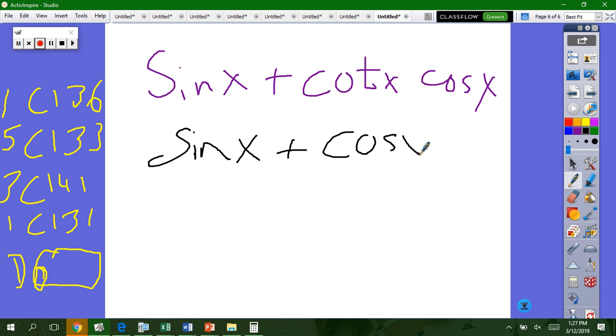I don't know about you guys. When you see a number, because that's what cosine is, times by a fraction, when you take a number and times it by the fraction, that's what I would do first.